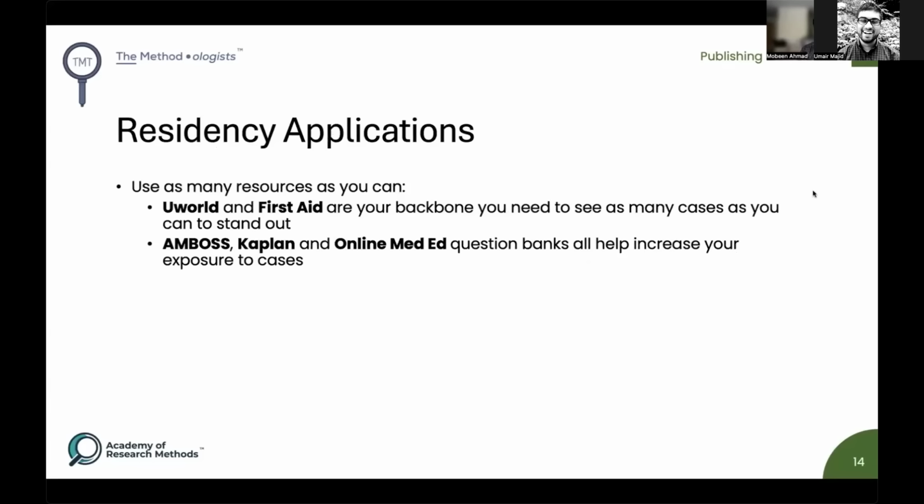So when it comes to residency applications, the first thing that always pops up is obviously the USMLE. The USMLE is a very, very difficult exam. It has been a few years since I've given it, but I do have firsthand contact with many first-year residents, not only American medical graduates, also IMGs from all around the world, during my residency training and also now in fellowship.